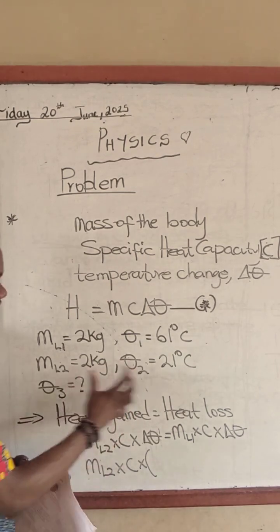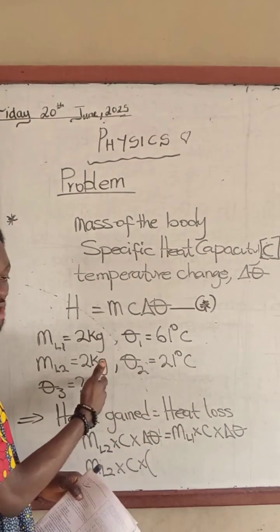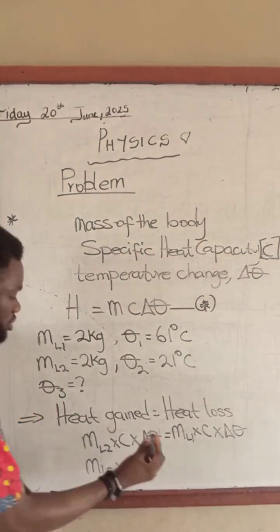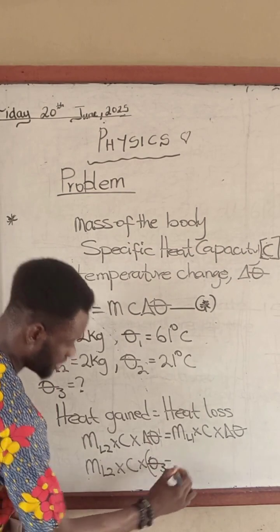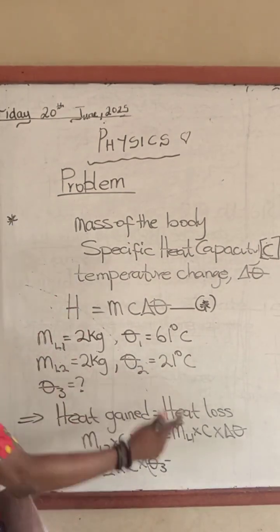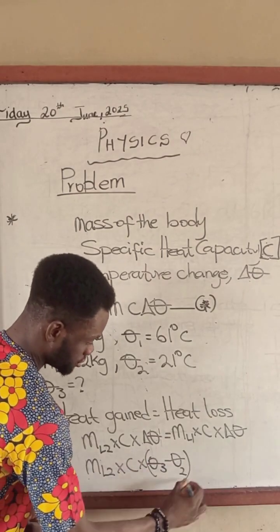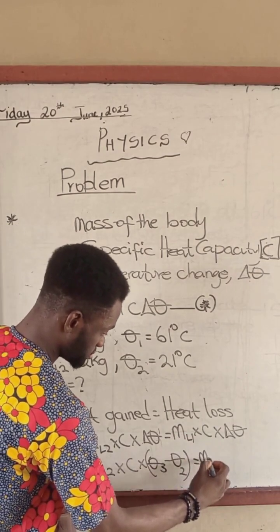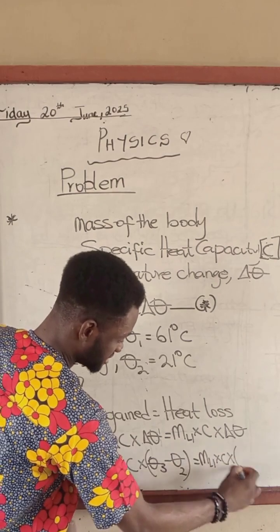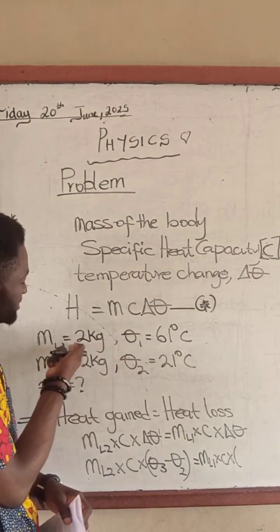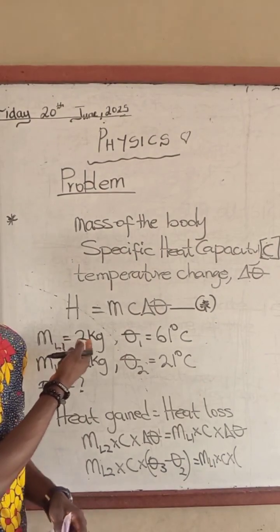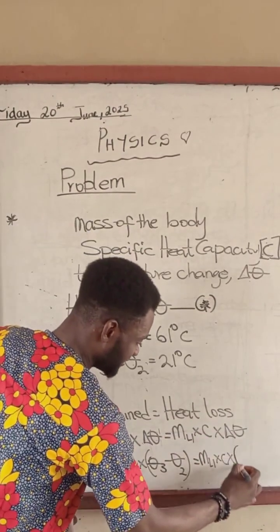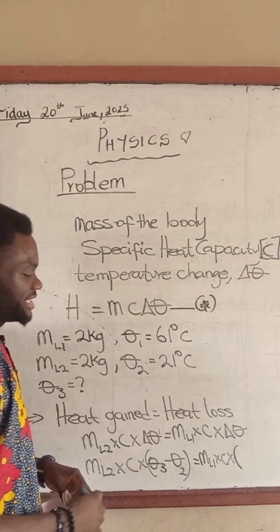The second liquid ends at a temperature greater than its initial temperature. So I'm going to have theta 3 minus its initial temperature, theta 2, equal to mL1 times C times, for this other body, the first liquid, which is losing heat, so we observe that the final temperature will be less than its initial.